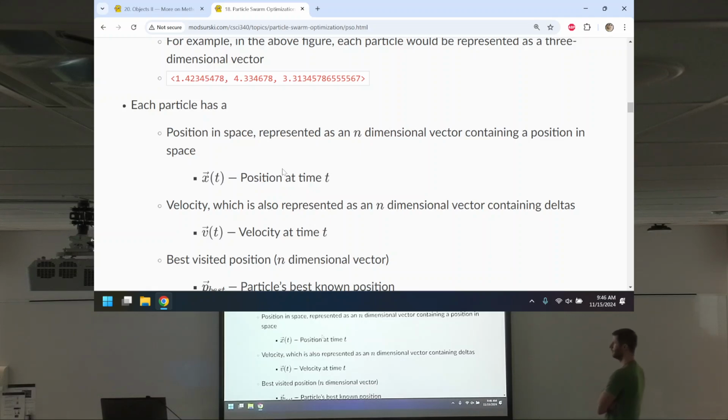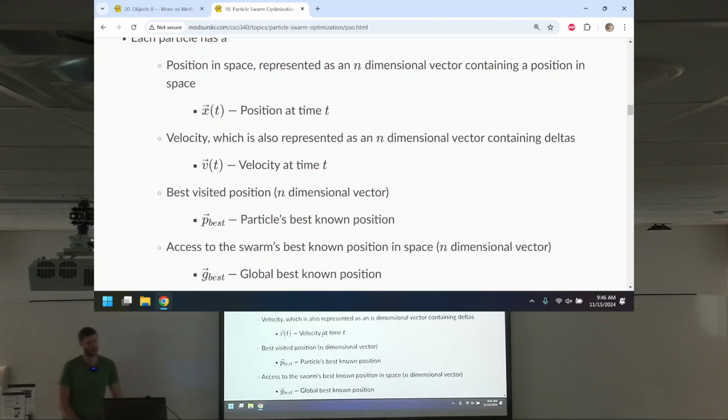Velocity, which is also represented as an n-dimensional vector containing deltas. So that's the velocity. Each particle is going to know the best position that it encountered. Okay, it's another n-dimensional thing.